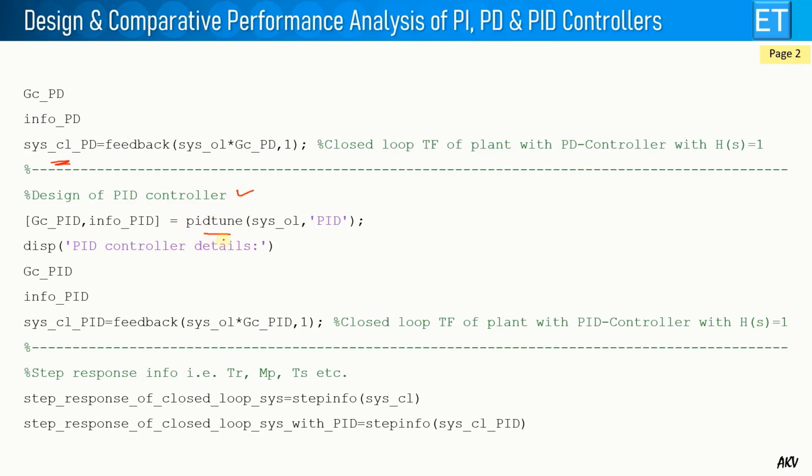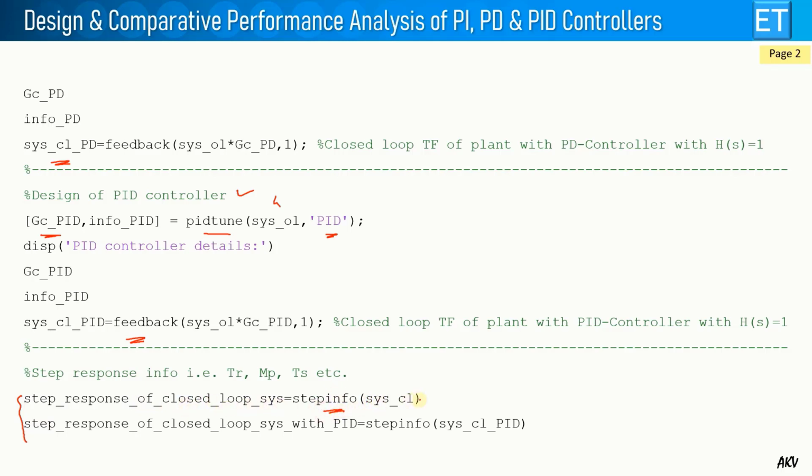So executing PID tune with the G open loop system and then type PID, I will get the transfer function of the PID in GCPID, and then making a closed loop system with the PID controller. And then I am executing the step response of the closed loop system with the step info function.